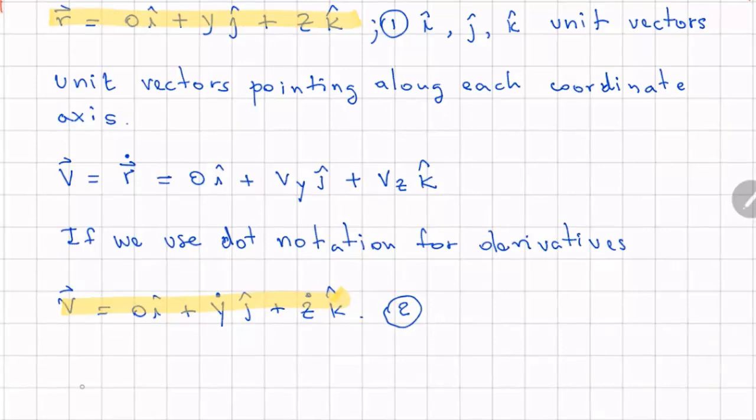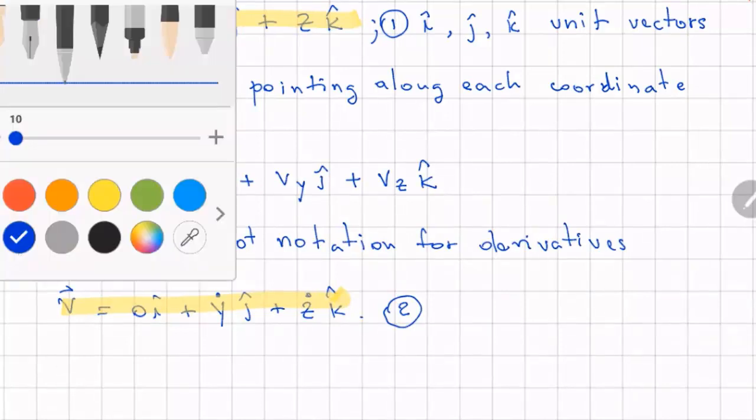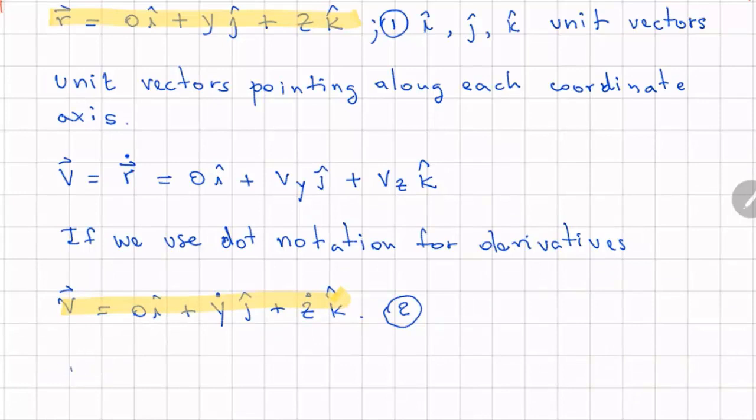Now let's write the magnetic field. The magnetic field is B equal to B in the i direction, okay.